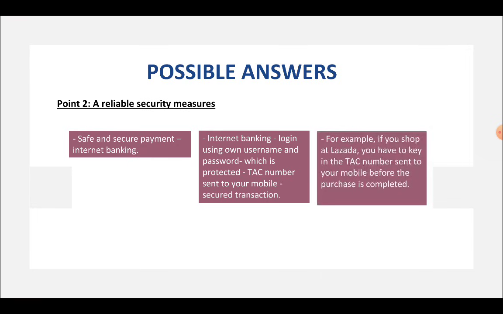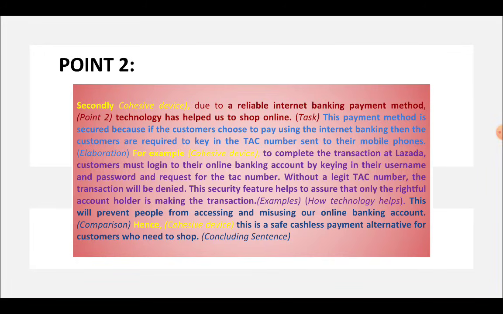Okay, so give a specific example. Again, you can choose Lazada. So if you shop at Lazada, you have to key in the tag number sent to your mobile before the purchase is completed. Okay, so this is the complete version of the second point.